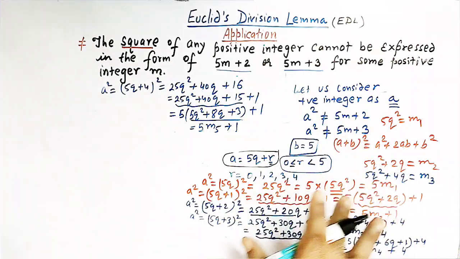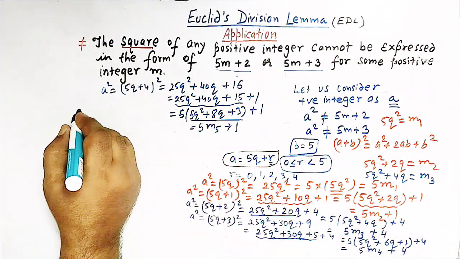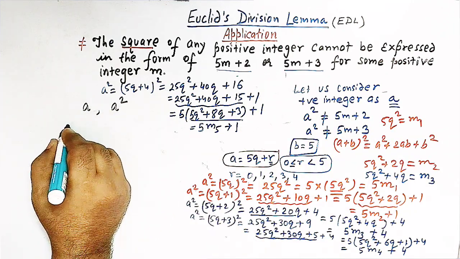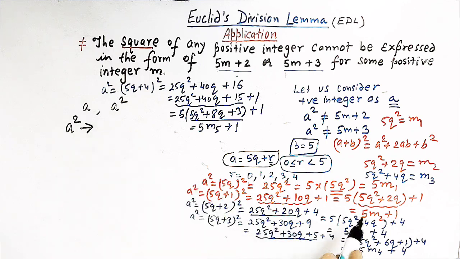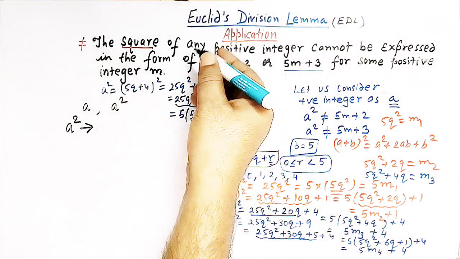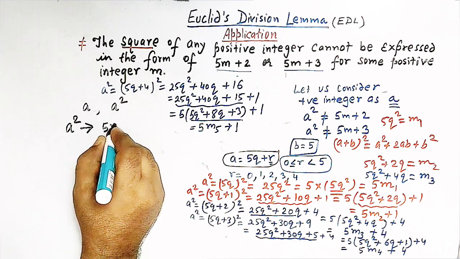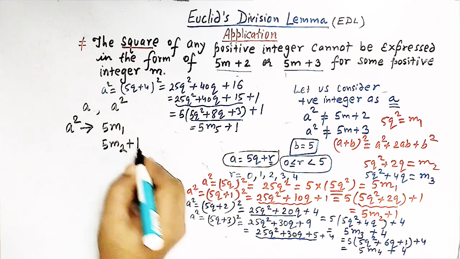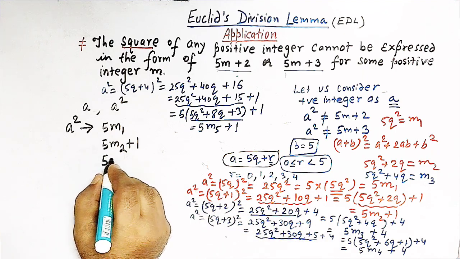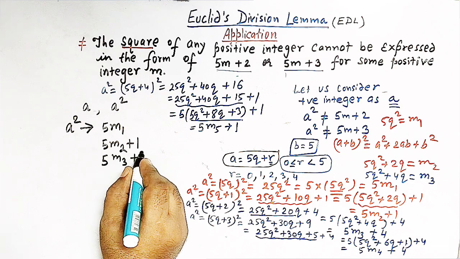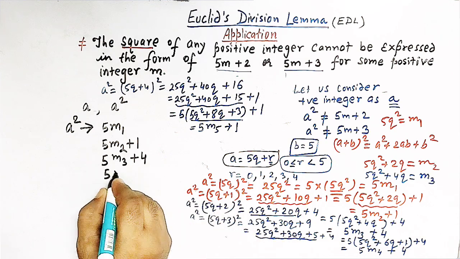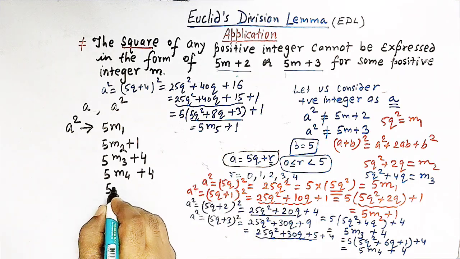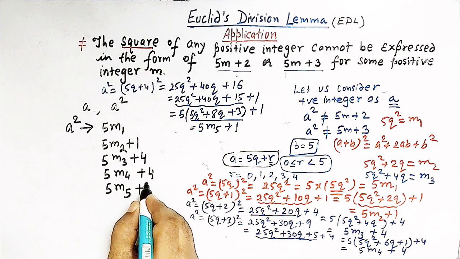So viewers, from this discussion, we have seen that whenever we have a positive integer a and its square is denoted by a square, then this a square can take the forms, using Euclid's division lemma, 5 times m1, then 5 times m2 plus 1, then 5 times m3 plus 4, then 5 times m4 plus 4, and then 5 times m5 plus 1.